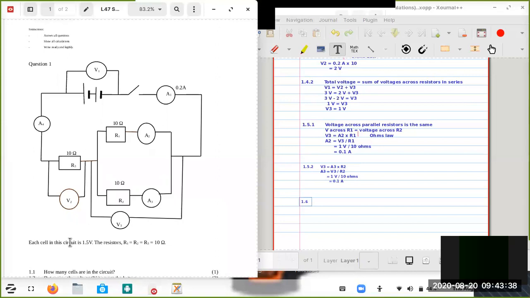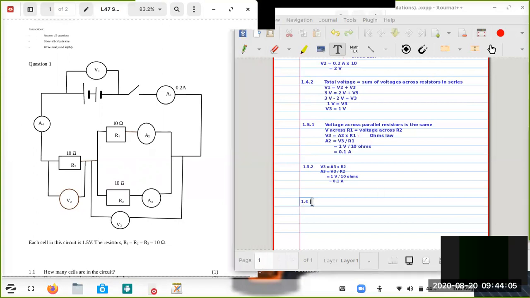If they are in series, the resistor that can replace them is found by adding the resistances. If the resistors are parallel to each other, then we have to use another formula. In this case, R1 and R2 are parallel to each other, so we make use of a formula which was derived by Ohm's law.